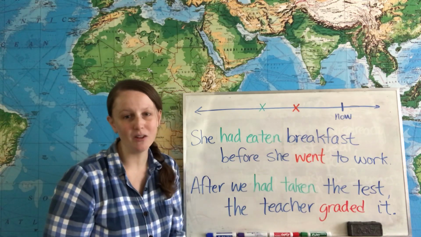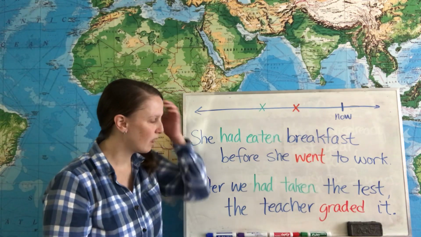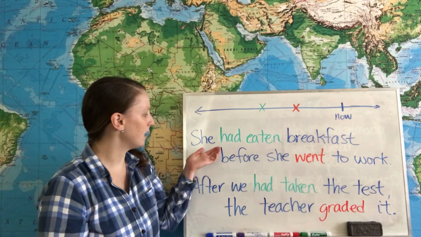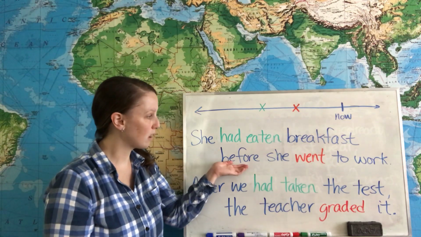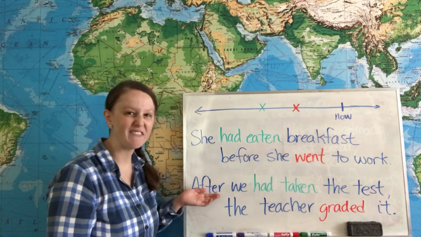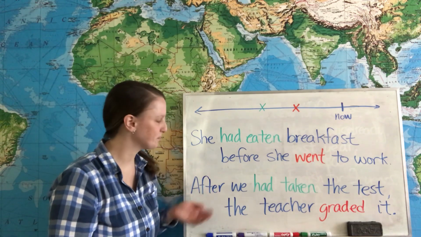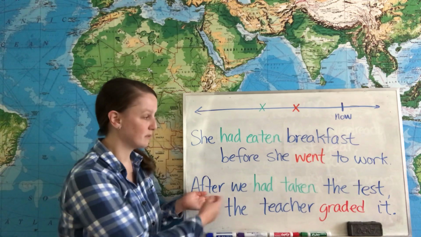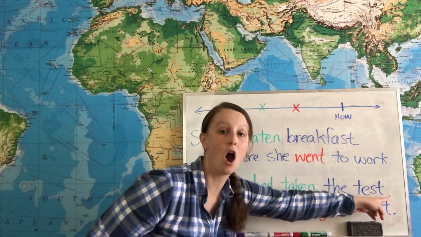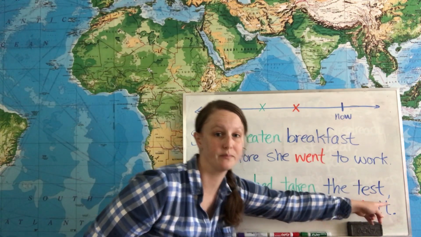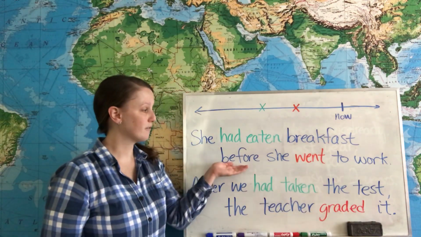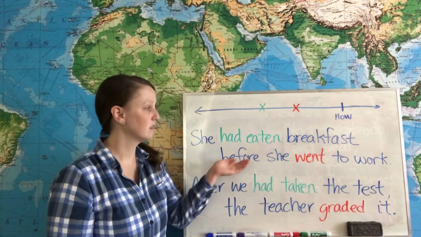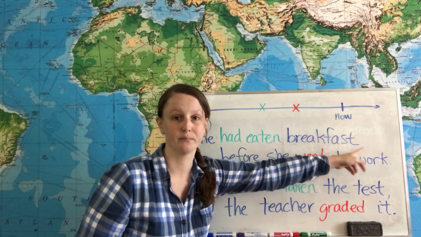I want to make a small note about punctuation here. You'll notice here that we have a before clause in this sentence and an after clause in this sentence. When the before or after clause comes first, we need a comma between the clauses. When the before or after clause comes second, no comma.